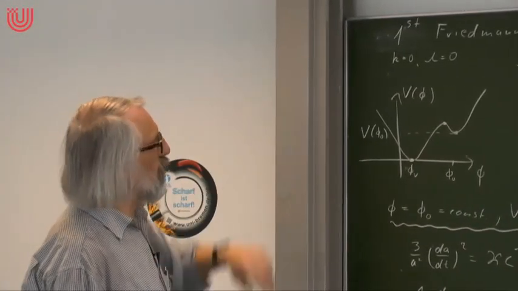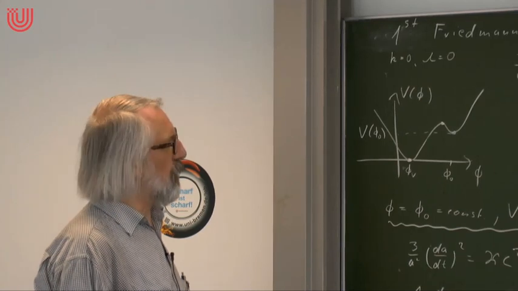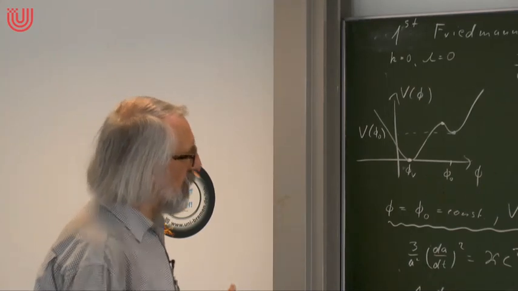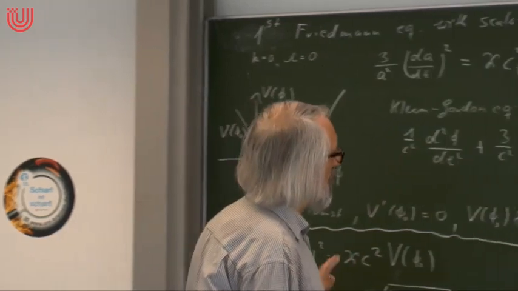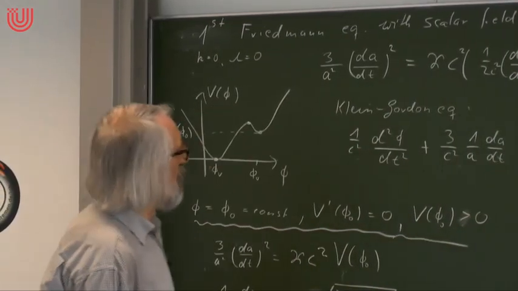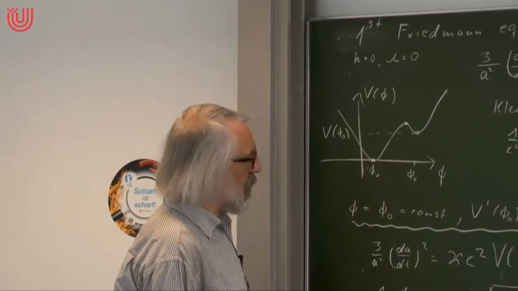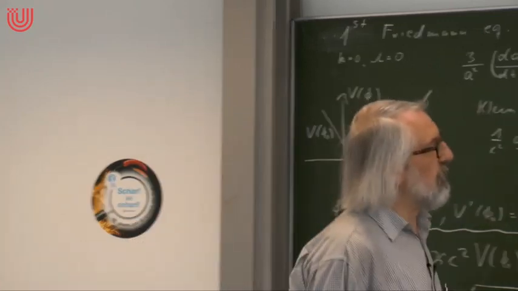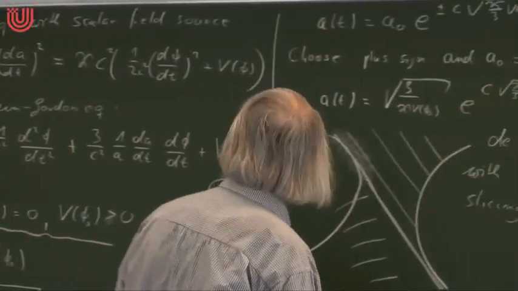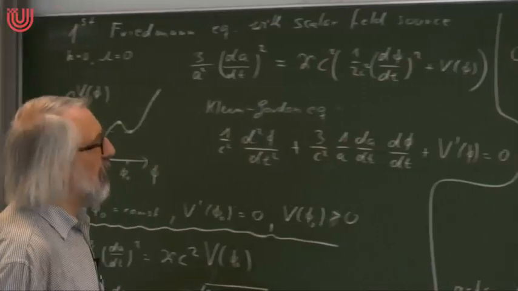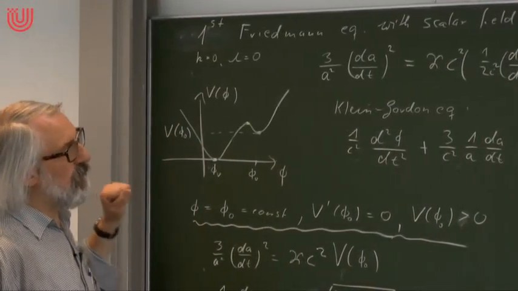This means the idea of a homogeneous and isotropic universe is not so bad. But actually, they are there. They are not precisely zero. They may be small, but they are not precisely zero. And for this reason, it's not clear that the field actually stays in a minimum when it starts in a minimum.